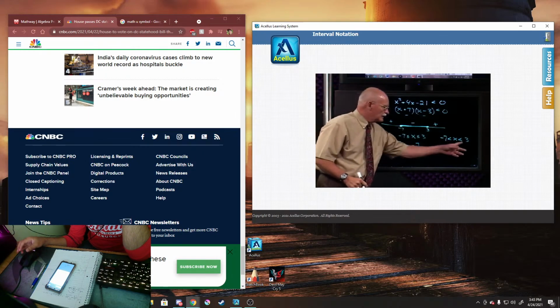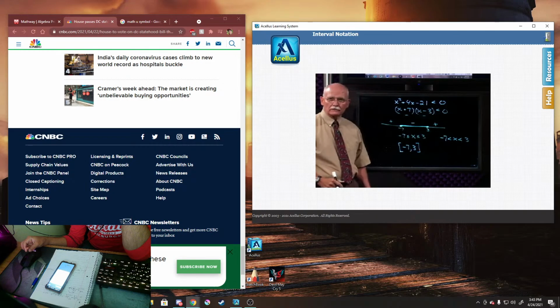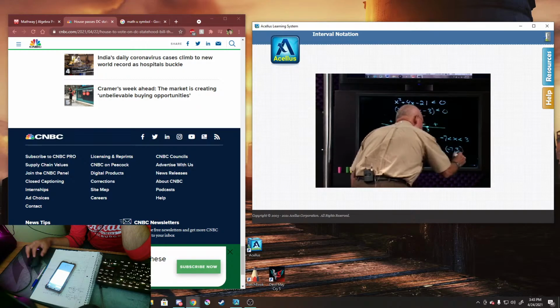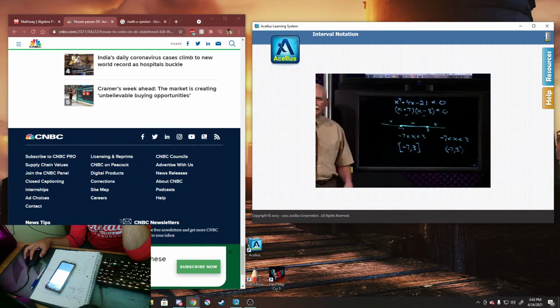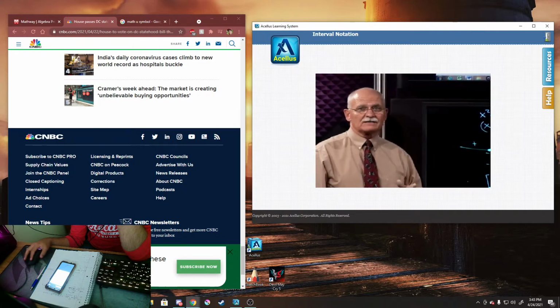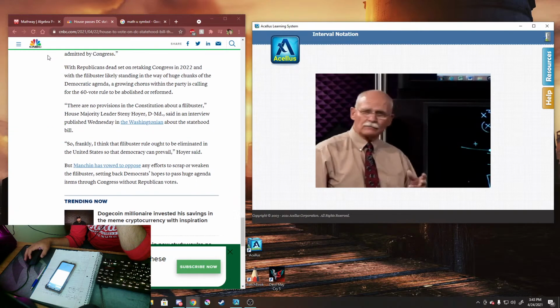So how do you indicate that you don't want to include those endpoints? Well, when you don't want to include the endpoint, the only difference is you use a parenthesis. Now, that notation's a little bit unfortunate because people look at that and they think, oh, that's the point, x equals negative 7, y equals 3.